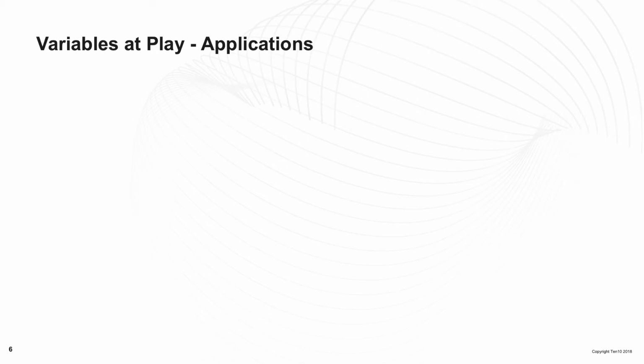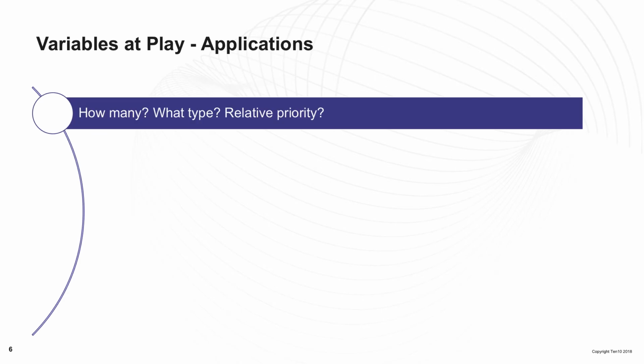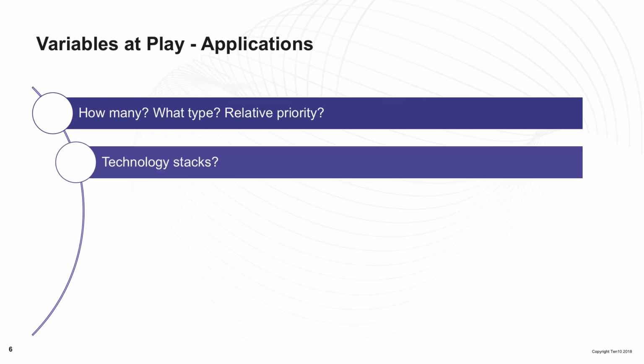So if we start with applications first of all, the first question is just how many apps are there in scope for automation? What type? What's the sort of development and application deployment stack that they run on? What's the relative business priority of each one of those applications?